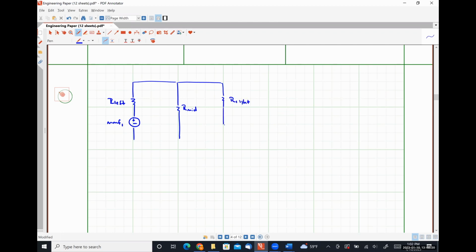Here's our right. And here's MMF2. Now, as it's drawn, actually, it should have the opposite polarity. As it's drawn, my second coil is down here. I'm just sliding it up to the side to make it look correct. Okay.